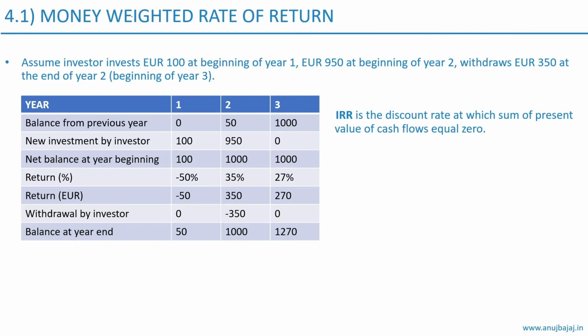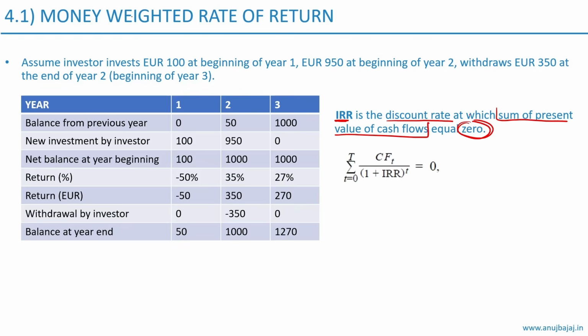You can also refer to it as interest rate, discount rate, or the money weighted rate of return. So IRR, or the money weighted rate of return, is the discount rate at which the sum of the present value of cash flows is 0. So the interest we earn on an investment is the discount rate at which the sum of the present value of all the cash flows is 0.